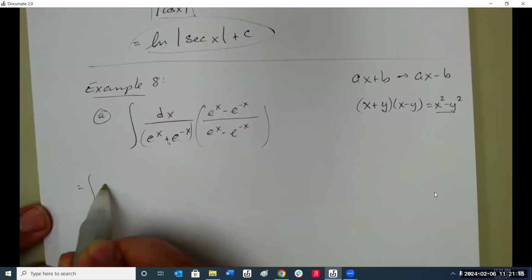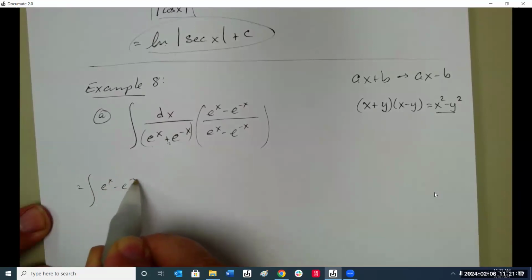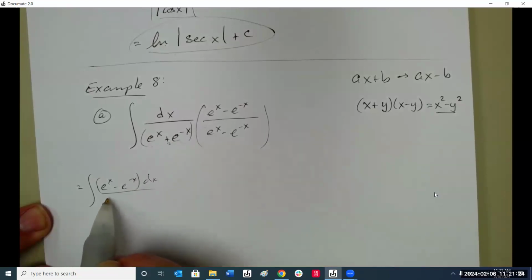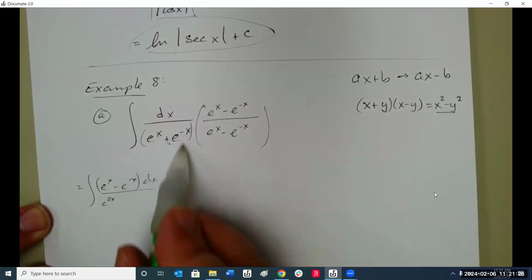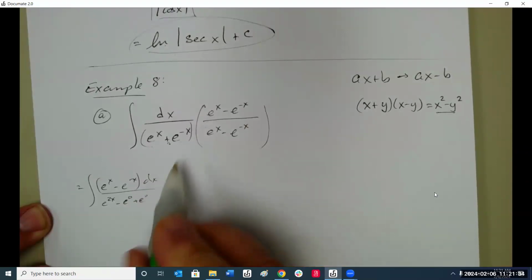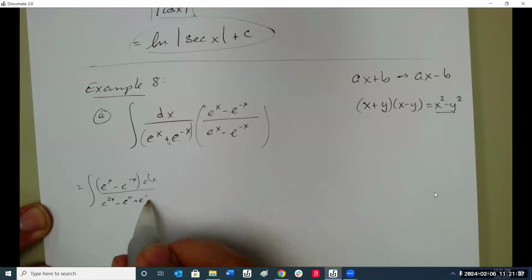We'd have the integral of e^x minus e^(-x), e^(2x) minus e^0, plus e^0 minus e^(2x).